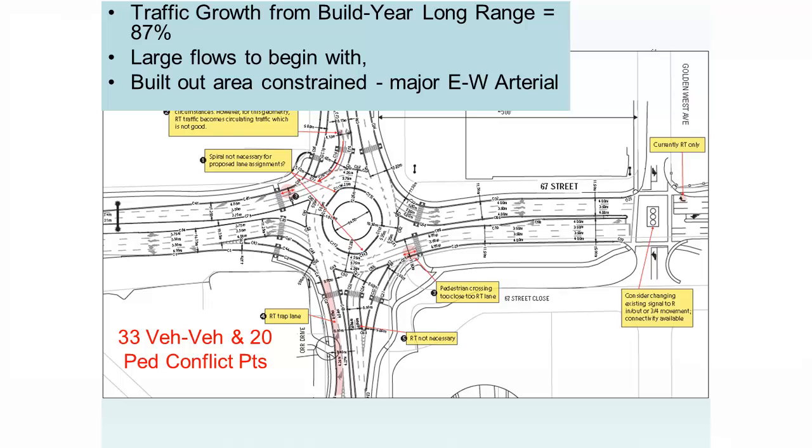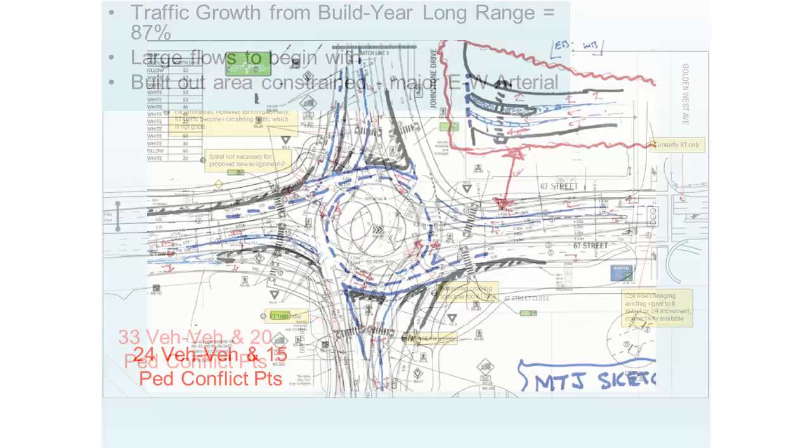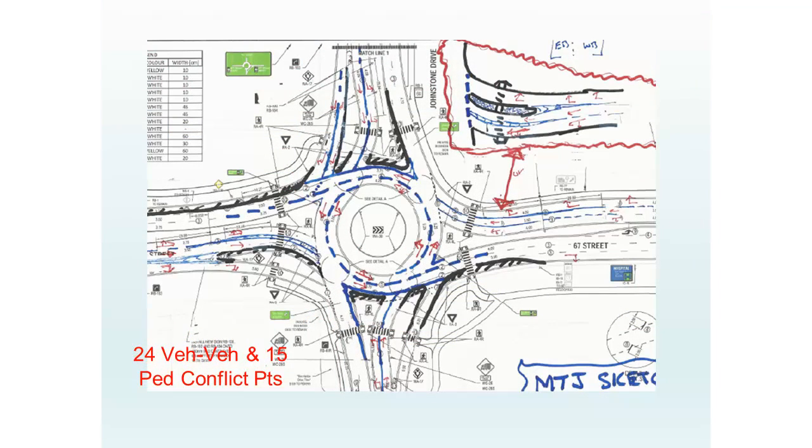So knowing that our operations is showing very high levels of service, knowing that we have a substantial amount of traffic prediction and growth, we start to look at using the sensitivity tools within Rodel.